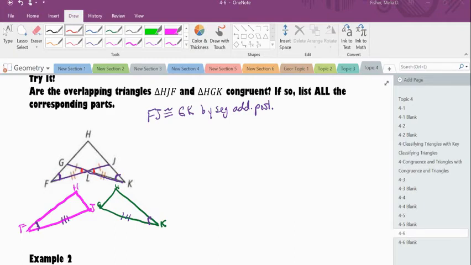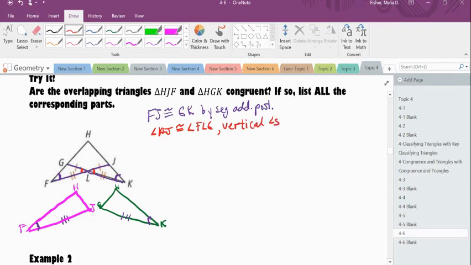So that is angle KLJ being congruent to angle FLG, and that's because of vertical angles.